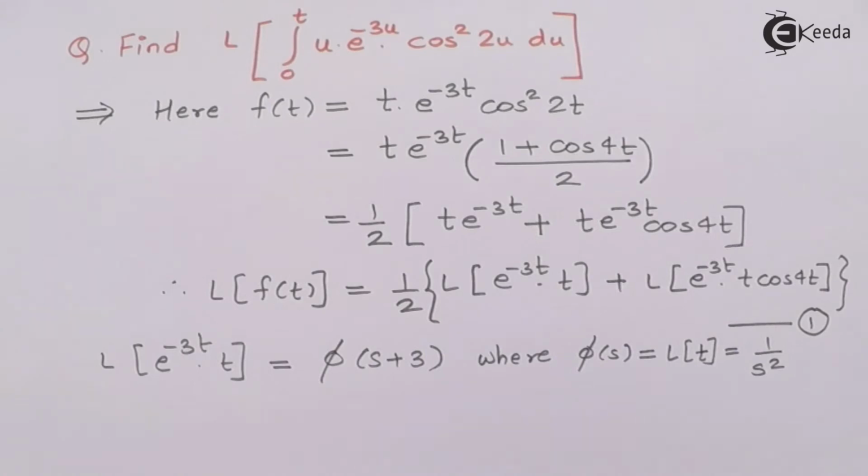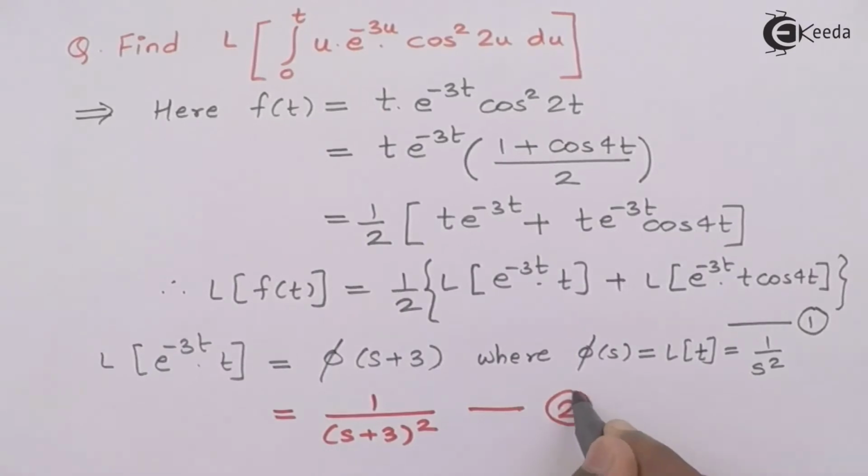Now guys, in this value of phi of s, I'm gonna put s as s plus 3 to get phi of s plus 3. So this will become 1 upon s plus 3 the whole square. So here I got Laplace of this first term. I'll call this as equation number 2.